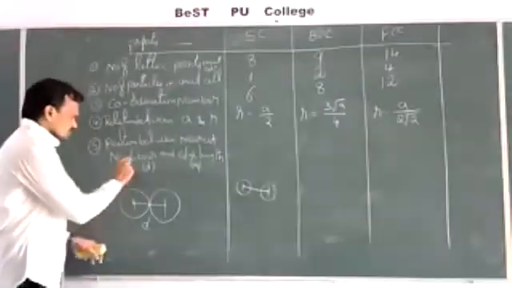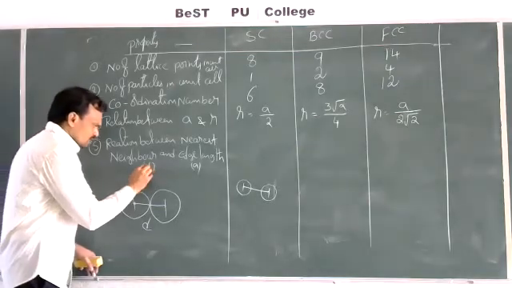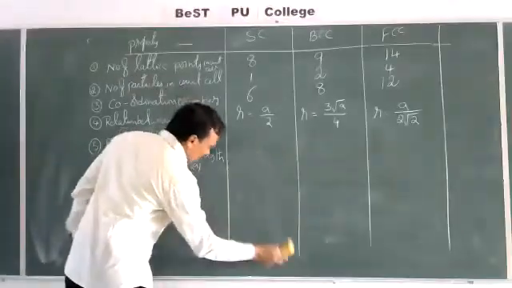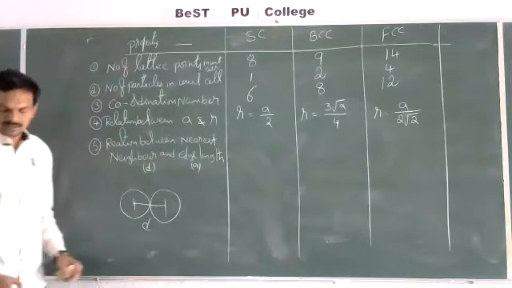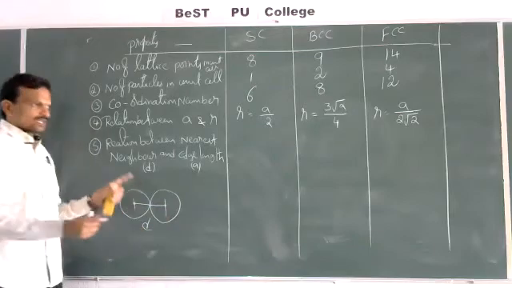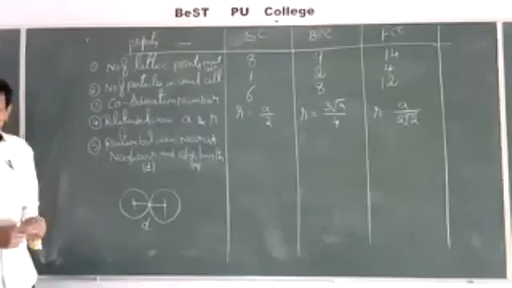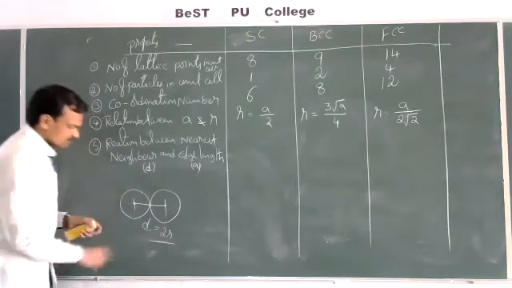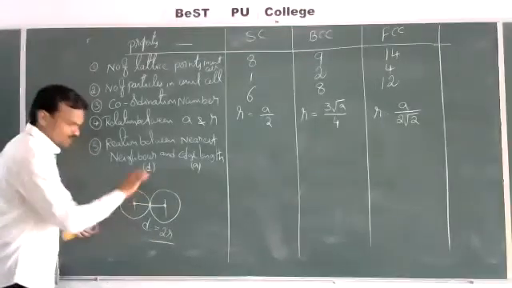See, generally the distance between the nearest neighbors means we should take the particles which are in contact with each other. So when two particles are in contact with each other, that will be the nearest neighboring distance, and this is equal to 2r. This is one radius and this is one radius.